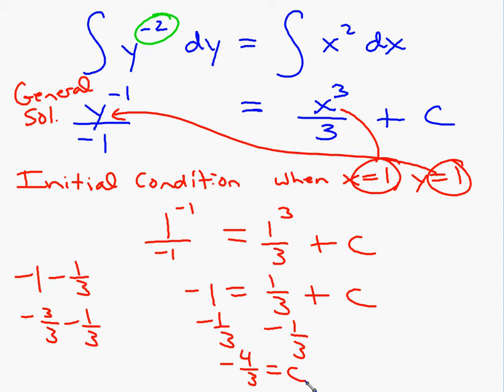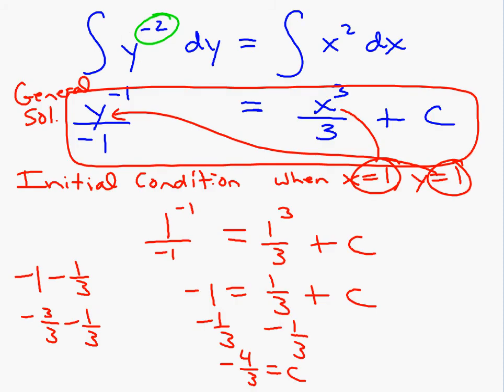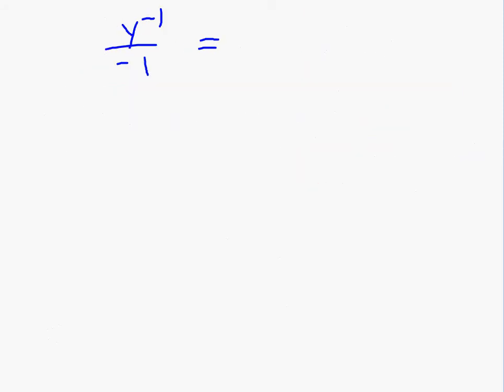Now, but remember something, we're not technically done with this until we put it back in, right? So let's put it back into my general solution, okay? So my general solution was y to the negative 1 over negative 1 equals x cubed over 3 plus c.